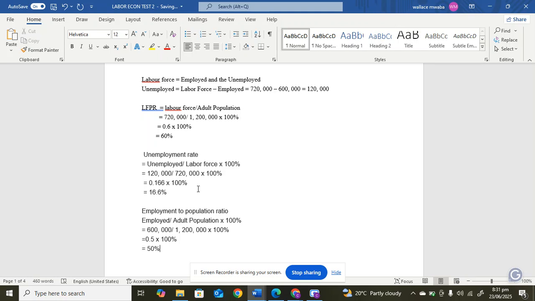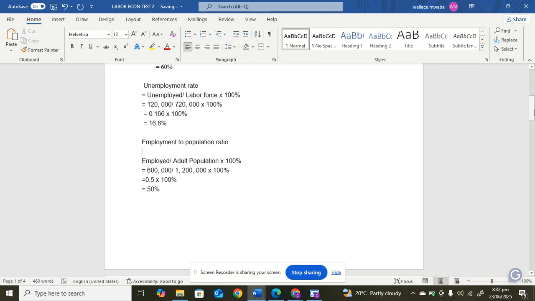So the way we can interpret this, out of the adult population, 50% are employed, which can also be a good indicator because at least half of the population is employed. But as I said, with employment, the more people who are employed, the better for the nation.